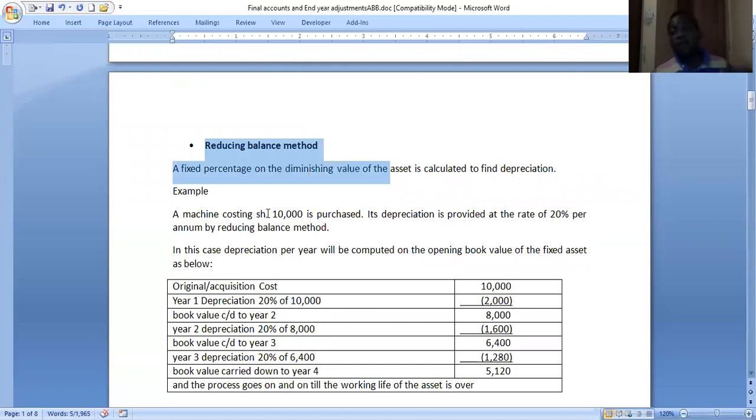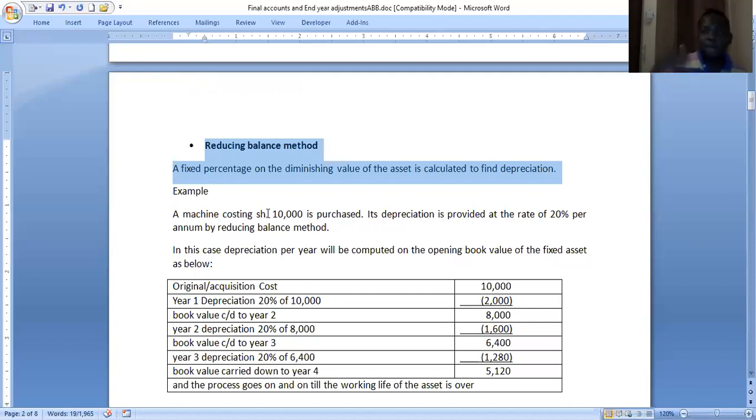So unlike the straight line method that charges a constant amount, the reducing balance method charges a reducing amount of depreciation. So the amount of depreciation under the reducing balance keeps changing as the life of the asset progresses. In our case, this being a reducing balance method, it means that the amount of depreciation declines over time as the value of the asset is declining.